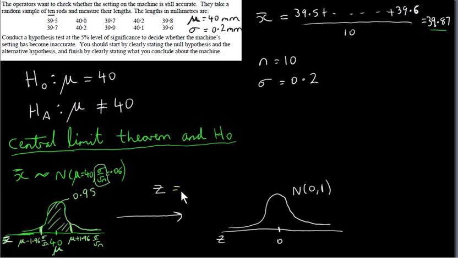This is the distribution of x bars. We subtract the mean of this distribution, which is mu, and we divide by the standard deviation of this distribution. Now the standard deviation of this distribution is not sigma, it's sigma over root n. So let's just transform these three values here. Well, let's transform mu first of all, that's the easiest.